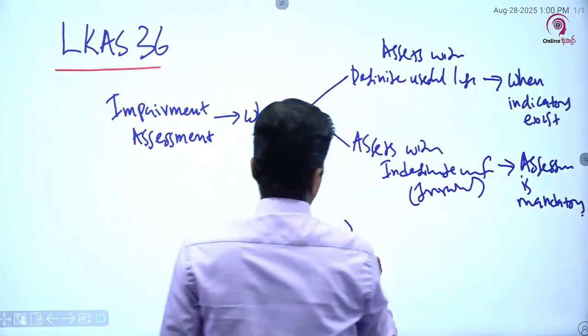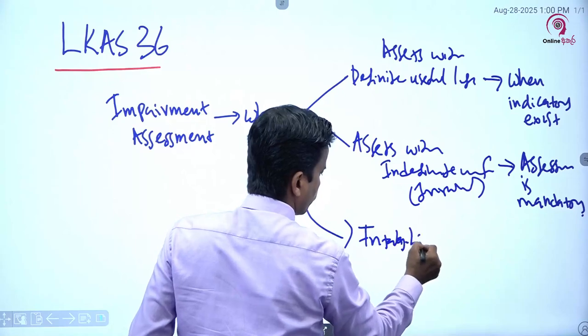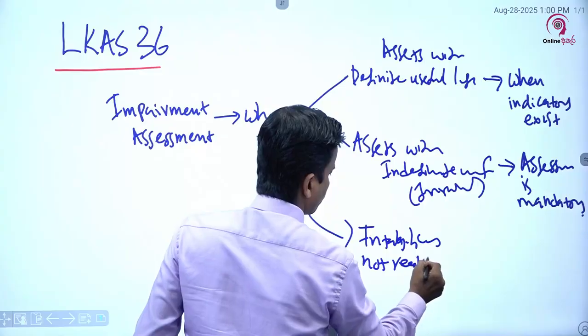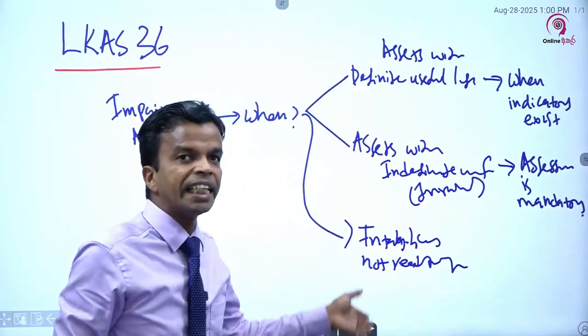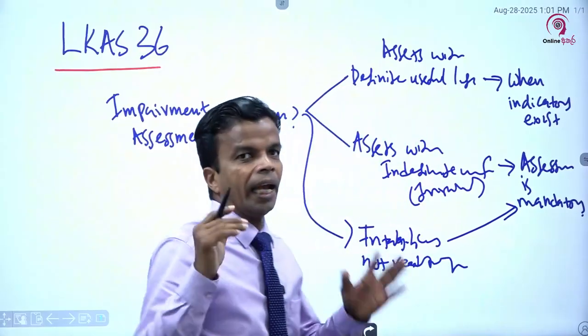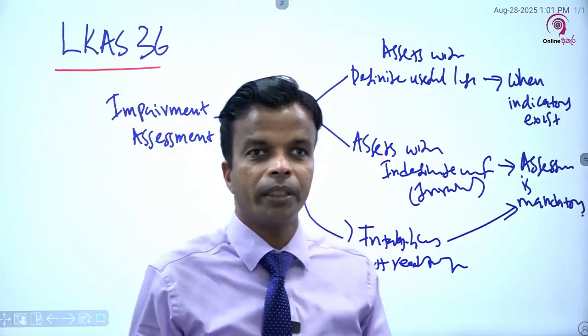Third category: any intangibles, as we discussed before, which are not ready to use. If you have any intangible which is not ready to use, the same thing applies. At year end, as a mandatory requirement, you should do the impairment assessment.